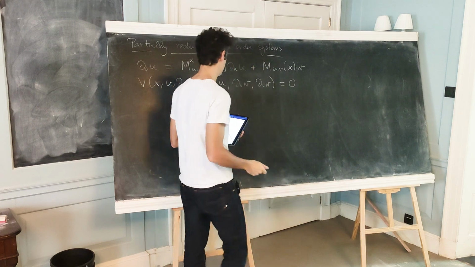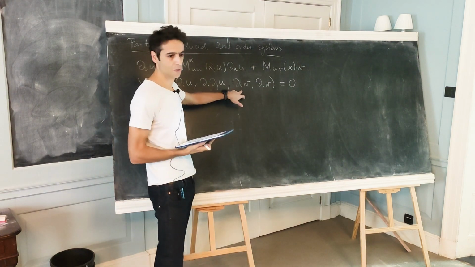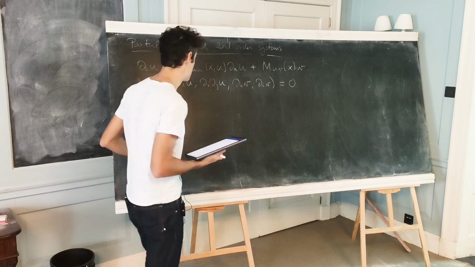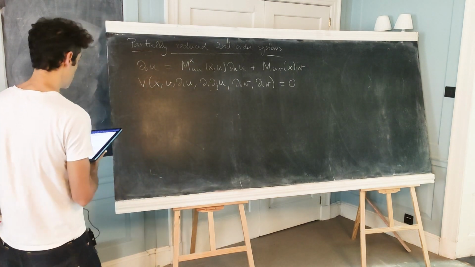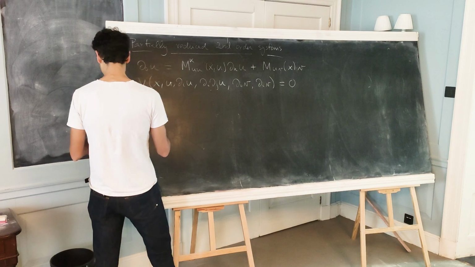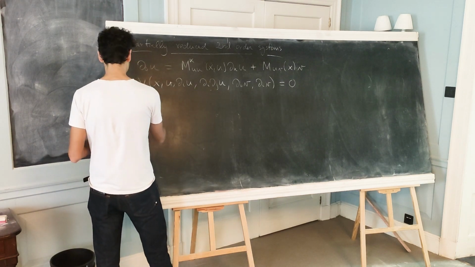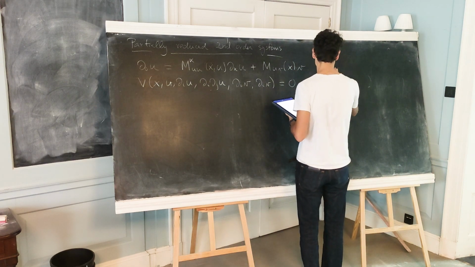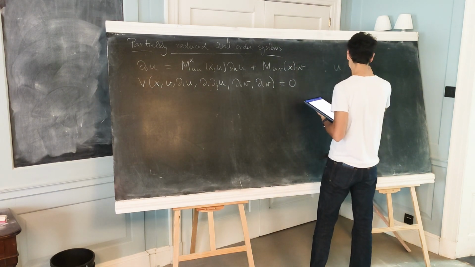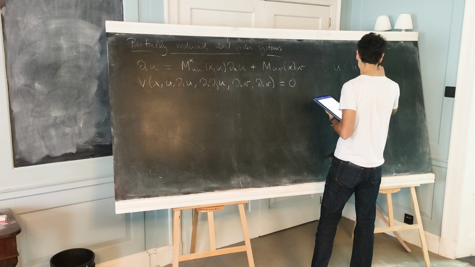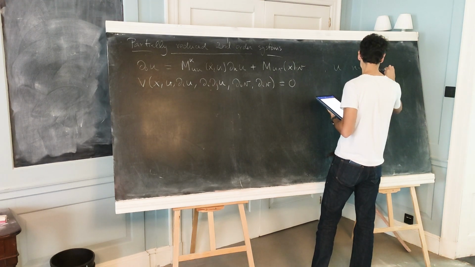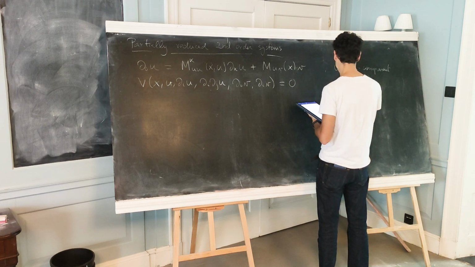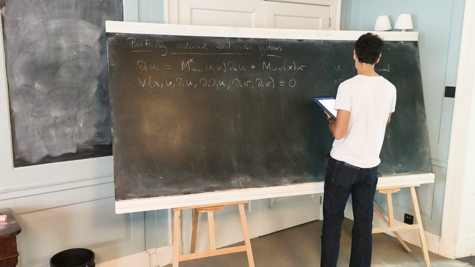Okay, so now you should think of this as an equation for the time derivative of v. Okay? So, let's say u is an n component vector, and v has m components.